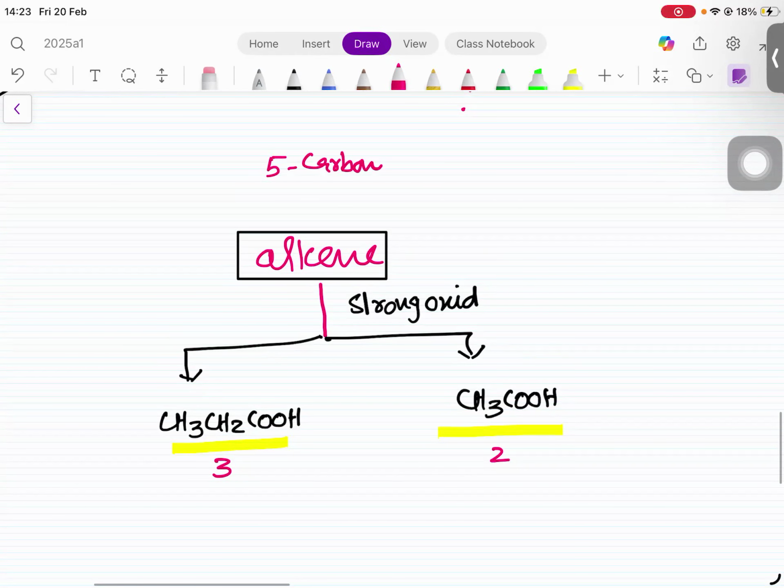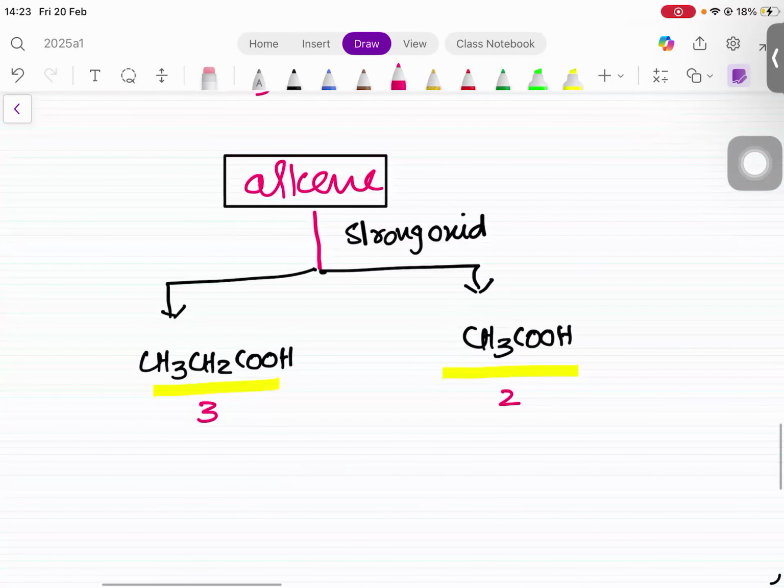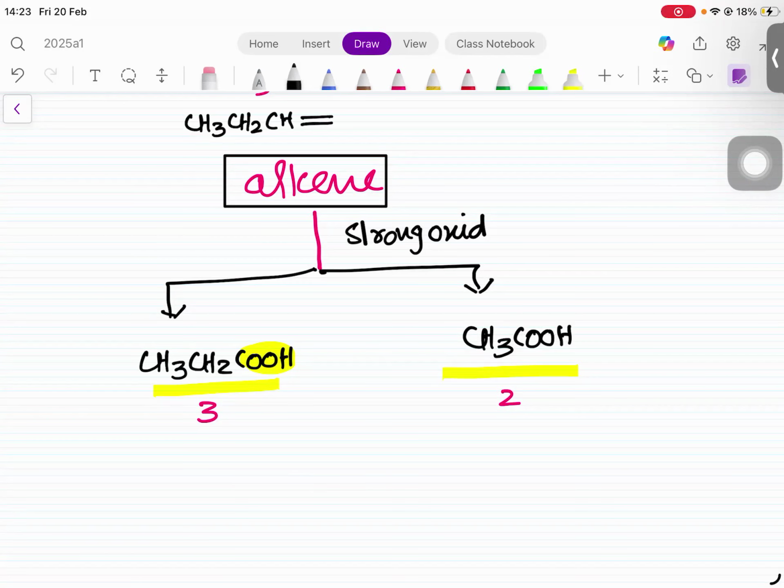Then they ask you the structure. You learned a while ago कि COOH कब बनता है? जब वो कार्बन पे डबल बॉन्ड हो और उसके साथ एक हाइड्रोजन अटैच हो. और इसको मैं फिर इस तरह लिख देता हूं, CH3, CH2 and CH having double bond.